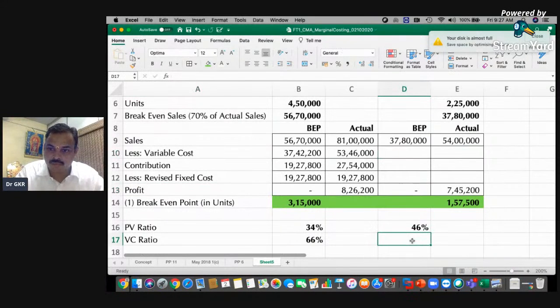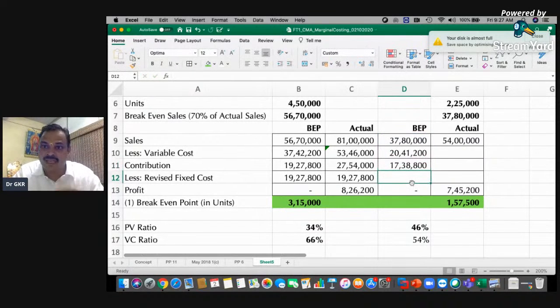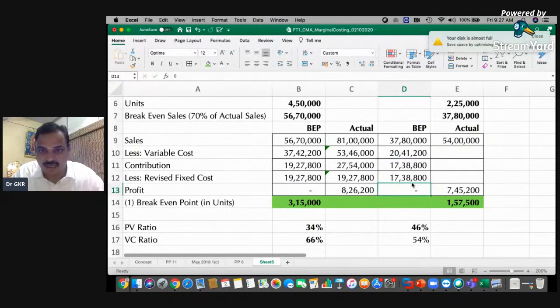Variable cost ratio is 1 minus 46%, so 54%. On 3480, what is 54%? 20 lakh 41,200. So your fixed cost is 17 lakh 38,800.